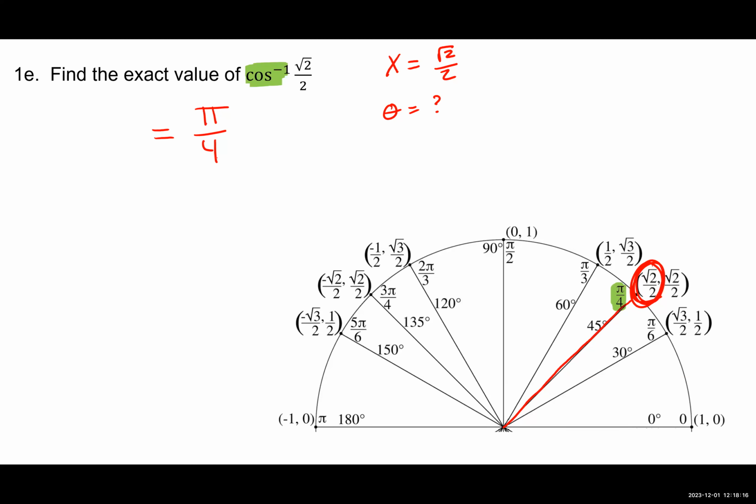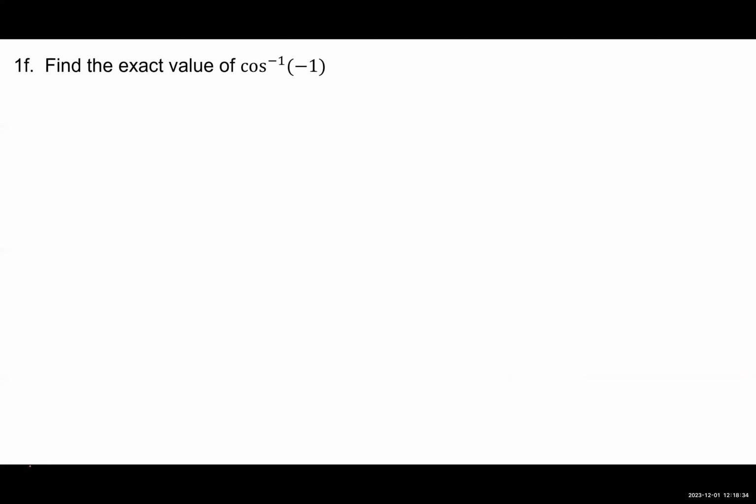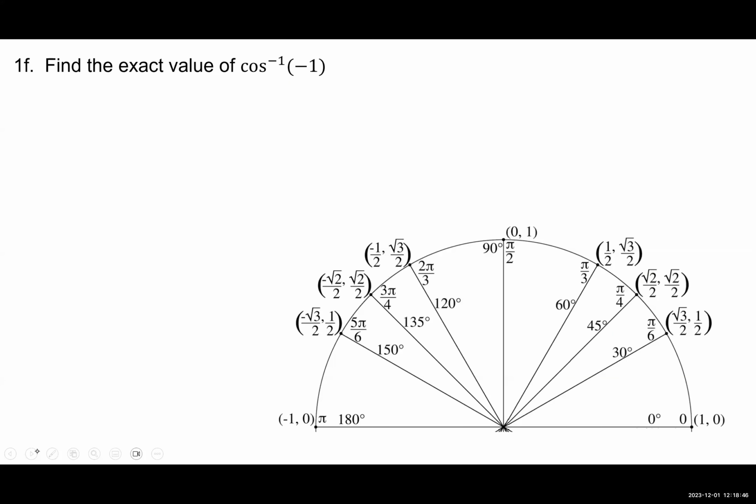All right, evaluating trig functions: you start with the angle, you find the terminal point. Evaluating inverse trig functions: you start with the terminal point and you find the angle. All right, let's keep going. Find the exact value of the cosine inverse of -1. So again, it's cosine inverse, so we go here, top half of the unit circle.